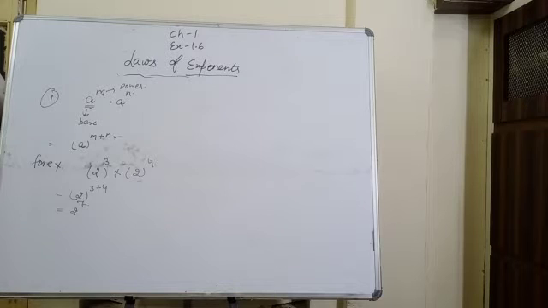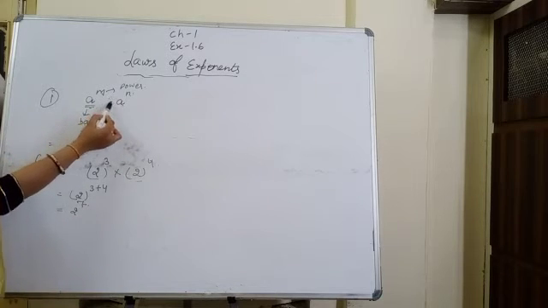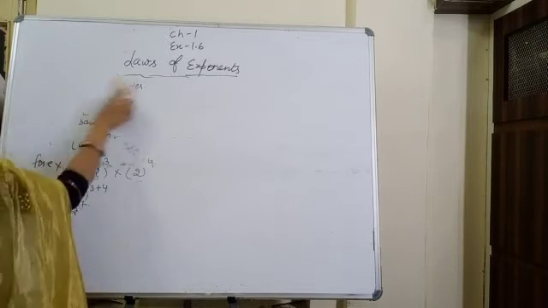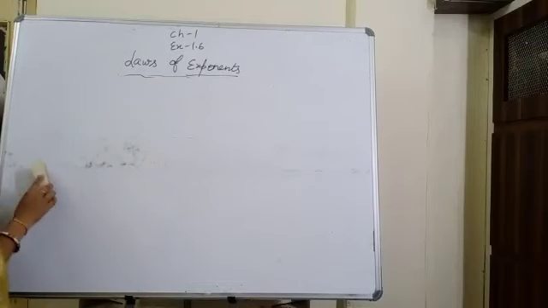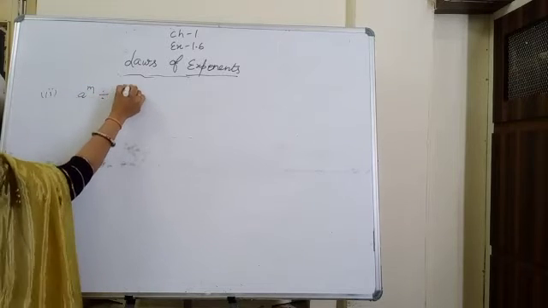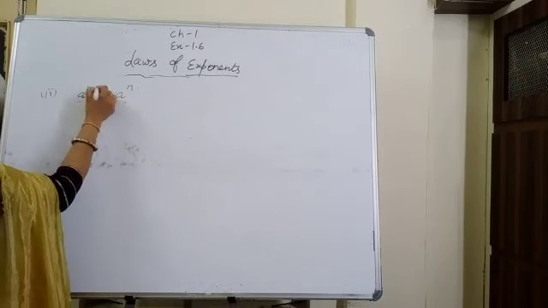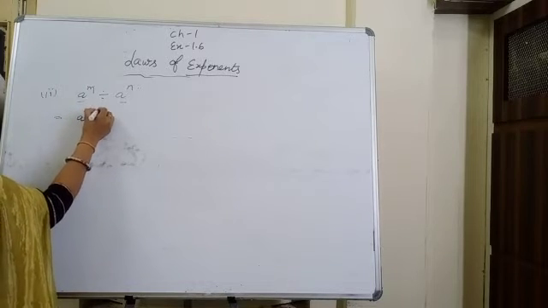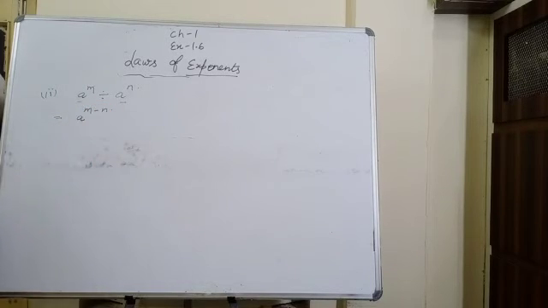Now here if in place of multiplication we have division, then powers will be subtracted. It's our second law of exponent. a raised to power m divided by a raised to power n. Base same, power different, we will subtract both powers, a raised to power m minus n.